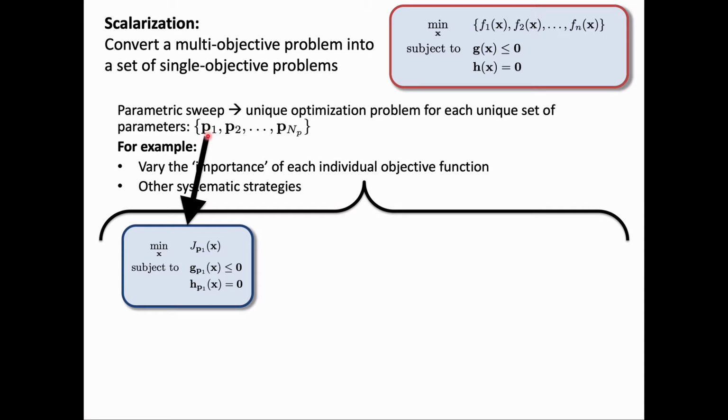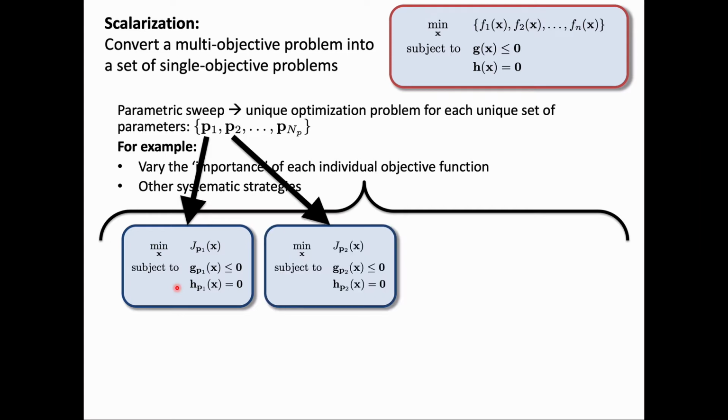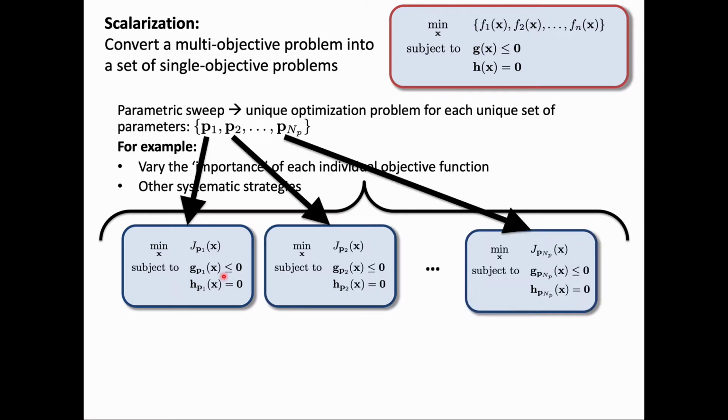Suppose we start off with P1, and it gives us this transformed objective function and possibly a transformed set of constraints, and I'm labeling this as P1 to make a distinction, and this is a single objective problem. Then we vary the parameter values, we get P2, we get another subproblem, and so on until we have completed going through all of the different sets of parameter values. Here we have problem number NP. Then we want to solve all of these. Now remember, when we are solving a multi-objective optimization problem, we are wanting to produce a set of points.